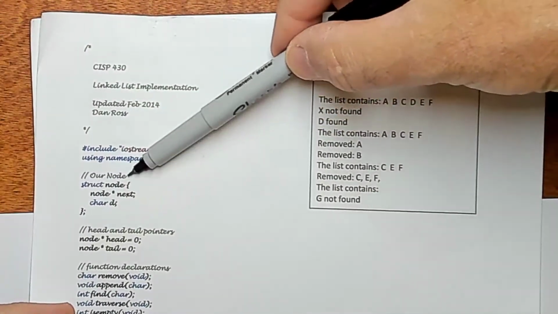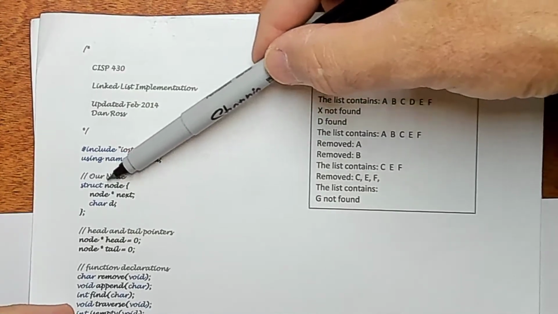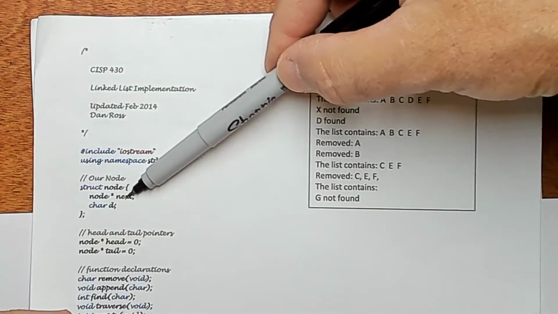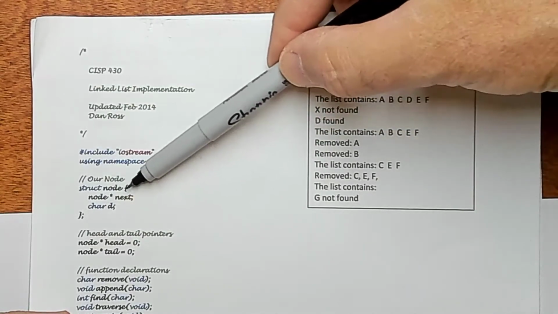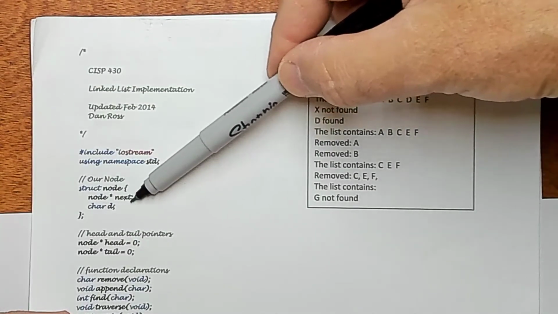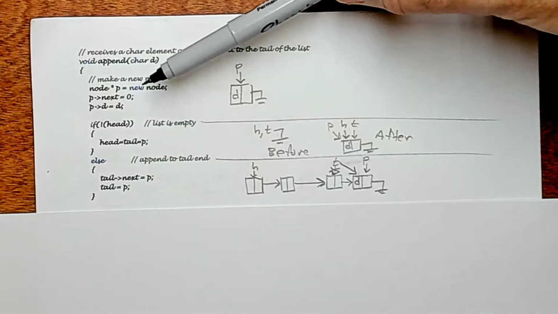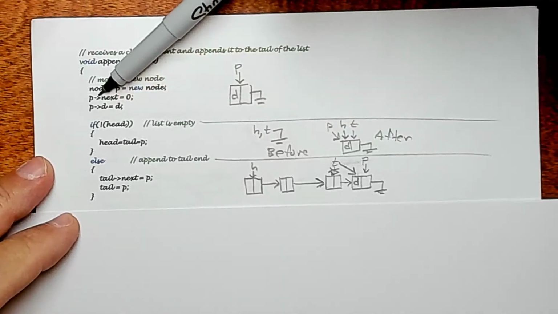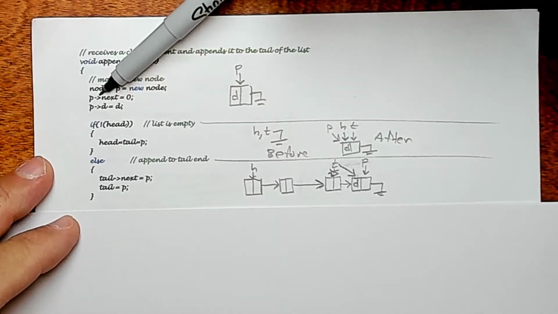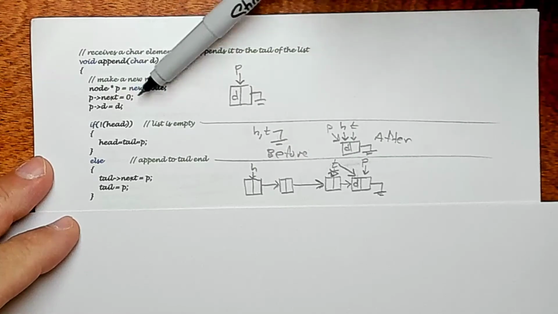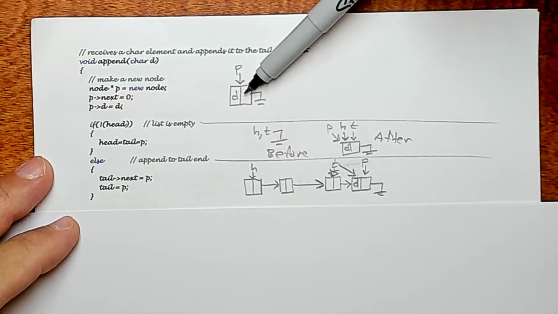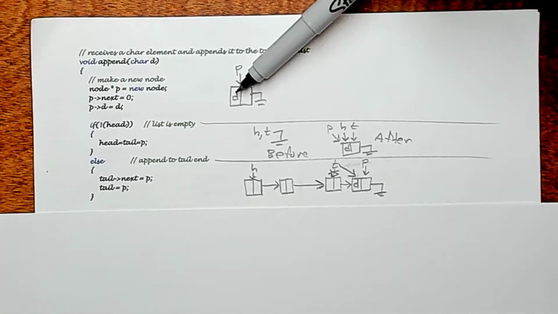We have a structure called node with a node pointer inside, and then a character D. So the elements inside this guy are next and D. When you're referring to the elements of a structure, you use this arrow operator to get at these two fields in here, the D and the next. Okay, so we put the data D in there.